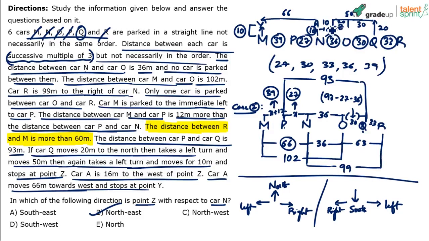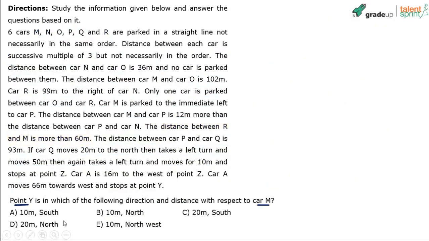So we got Z, and from Z we have got Y. So obviously there is a distance of 10 meters between M and Y, and Y is towards the north of M. I should have drawn a bigger diagram for you to understand this, but I hope you have understood. 10 meters will be the distance between Y and M, and Y is towards the north. So 10 meters and north, option B will be the answer.